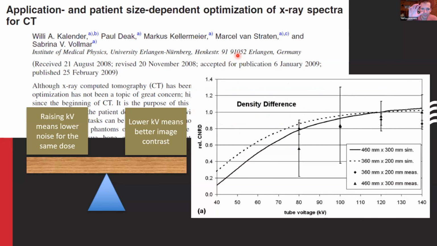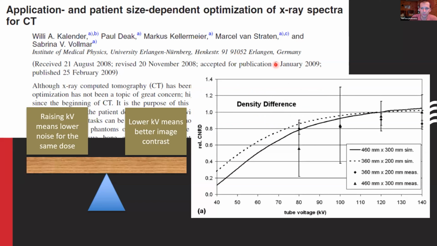So maybe for the example that we're going through, that's not a CTA type of example. We could think of that as more, we just really want low noise so we can see the soft tissues. In this paper, they would call that a density task and not an iodine task.